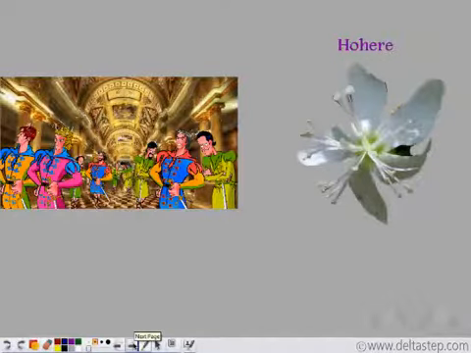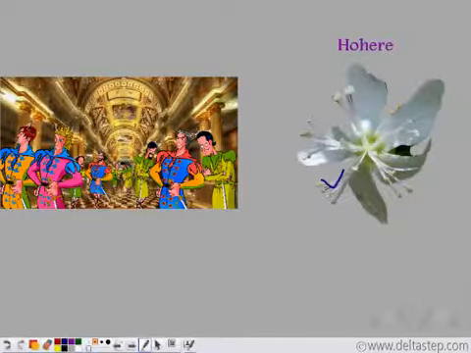Now imagine this situation that the king has many queens and each queen has 2 or 3 sons. Now all these stepbrothers, they stay separately. Now similarly, there are flowers like hibiscus where there are different groups of stamens. See, there are multiple groups of stamens.